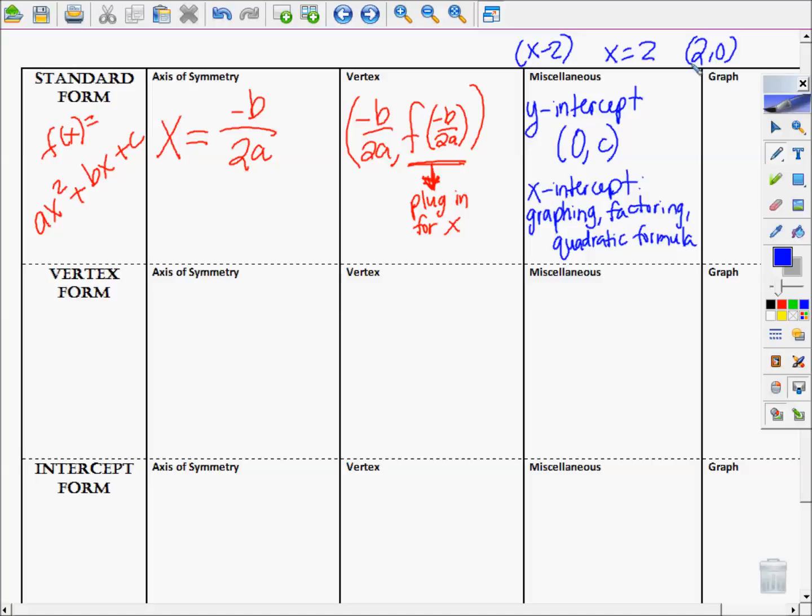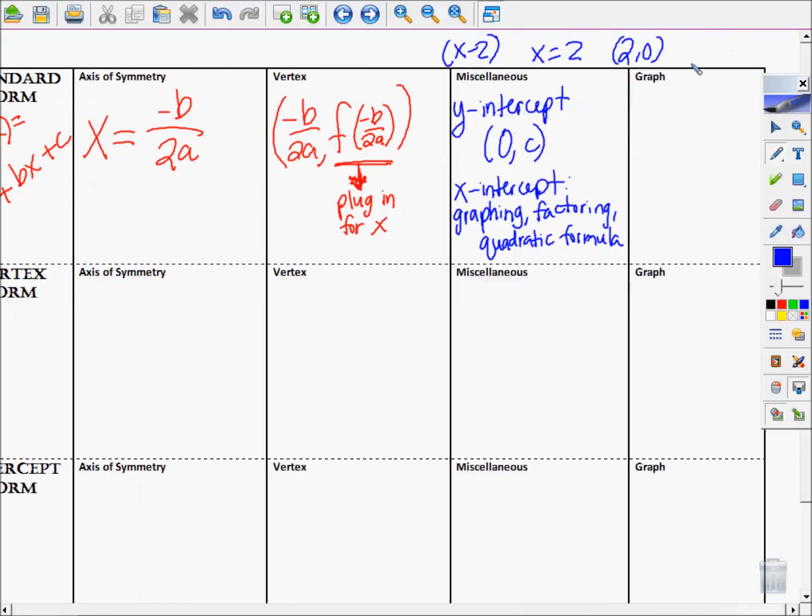All right, next we're going to graph. Just draw a graph of a quadratic. So I'm going to draw my y-axis, draw in my x-axis, and I'm going to draw my quadratic. From any quadratic, you should be able to identify an x-intercept.